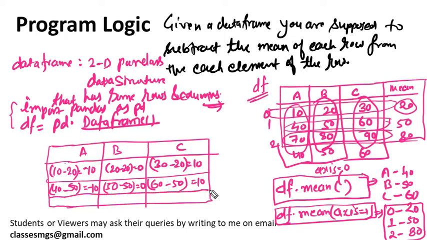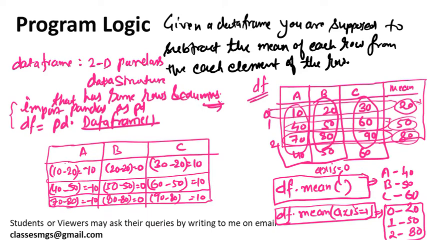Again, next row: 70 minus the mean, 80, you will get minus 10 again. 80 minus 80 will become 0, and then 90 minus 80 will become 10. So this is the essential requirement. You need to calculate the mean first, and then subtract this mean from each element of the row.